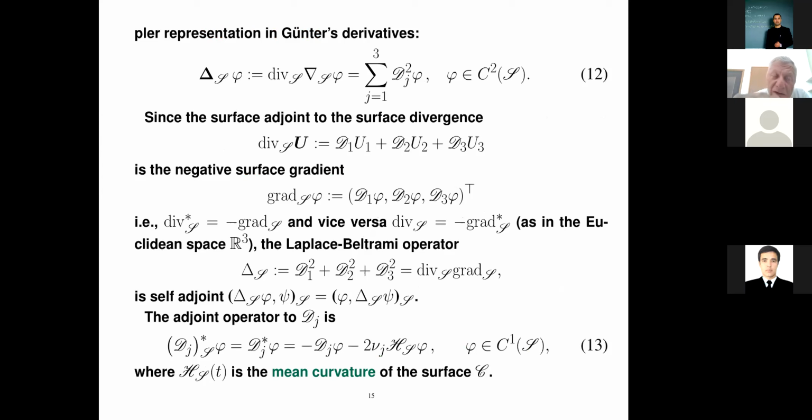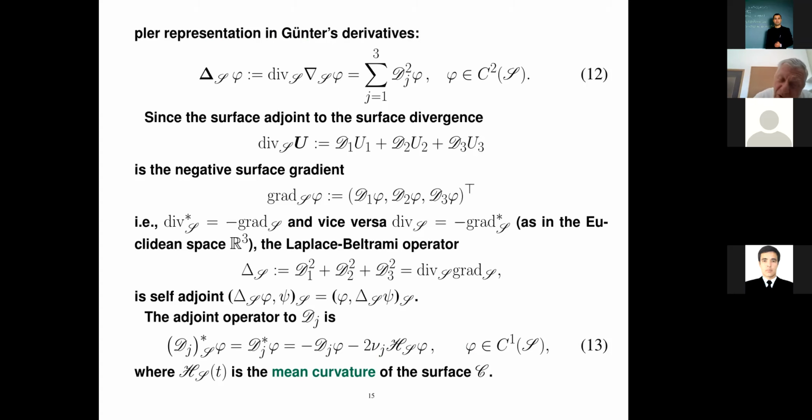The Laplace-Beltrami operator is represented in such a simple form because it is a combination of the divergence and gradient, as in Euclidean space. Although they are linearly dependent, it is the sum of the squares of Günther's derivatives, and it is the superposition of divergence and gradient.